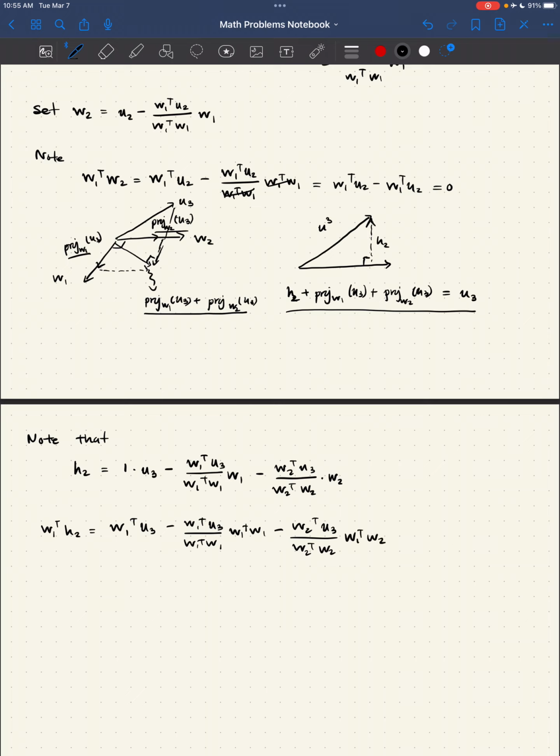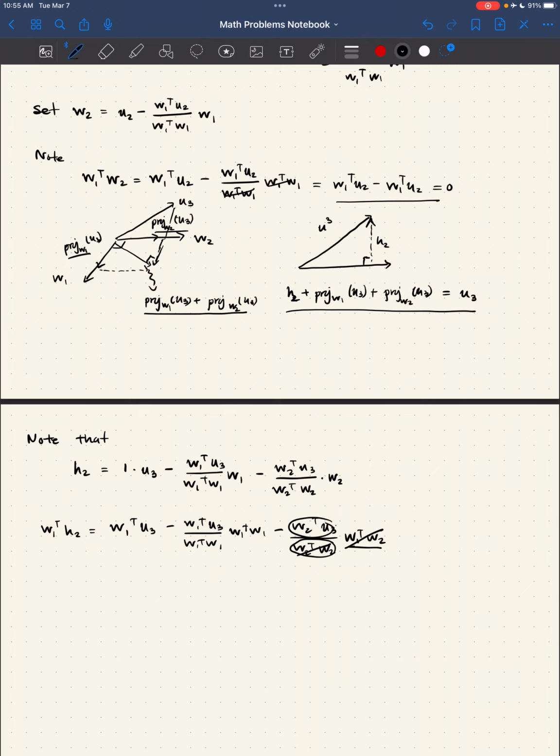Now, we have to be careful here, because we observe that these two vectors are already orthogonal, based on the construction that we did right here. So it doesn't really matter what these other terms are. We can easily check that this becomes 0. Now we proceed to some cancellation.